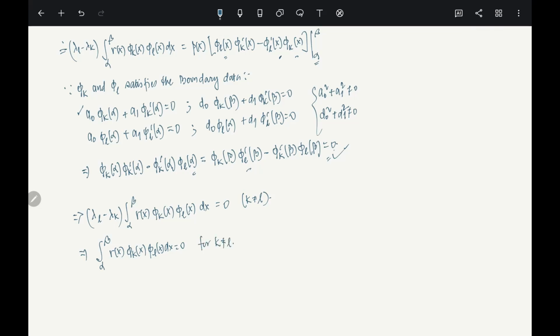So what does it mean? It means that this set of phi n, n equals 1 to infinity, is orthogonal with respect to the weight function w of x. Is it okay? So this is proved.